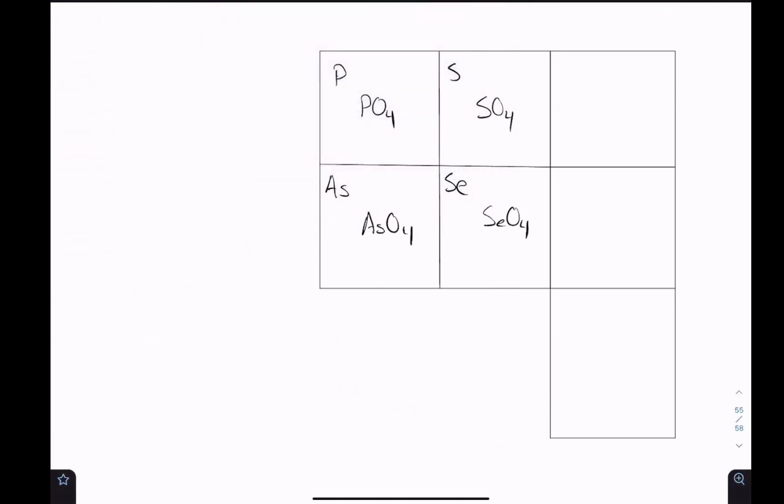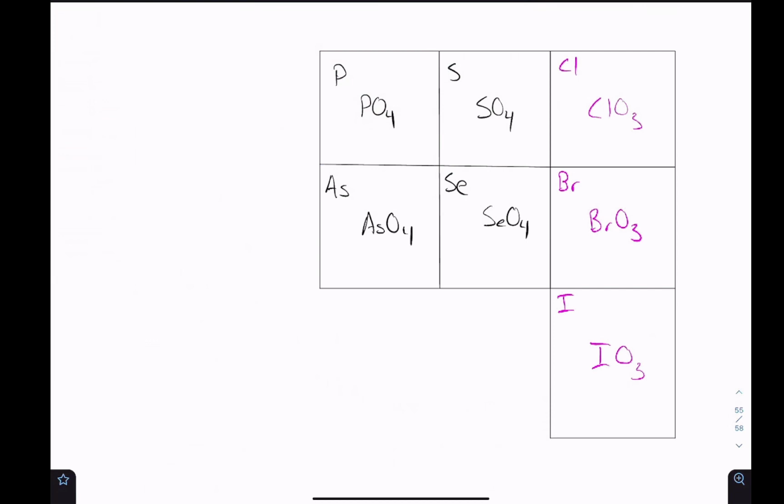Different color here. This is chlorine, this is bromine, this is iodine. This group of 3, how many oxygens does each of those ATE forms have? 3. So this is ClO3, BrO3, IO3.